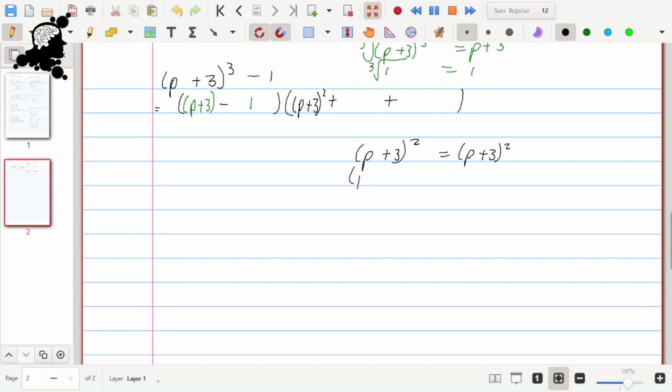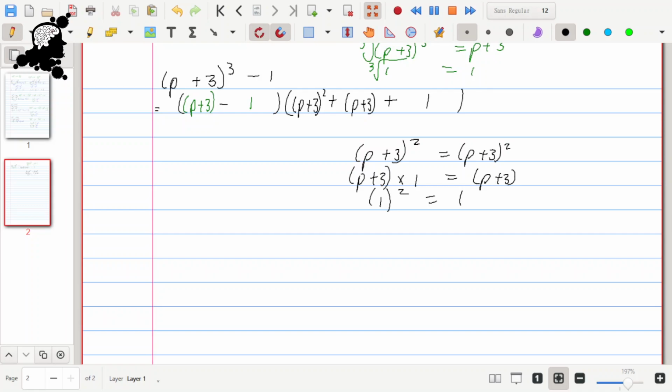So I've got p plus 3 times 1, ignoring the signs here. This is just going to give me p plus 3. So I'm going to put the p plus 3 there. Then lastly, I need to take the last term in the small bracket and square it. 1 squared is just 1, so I have 1 there. This is my final answer.